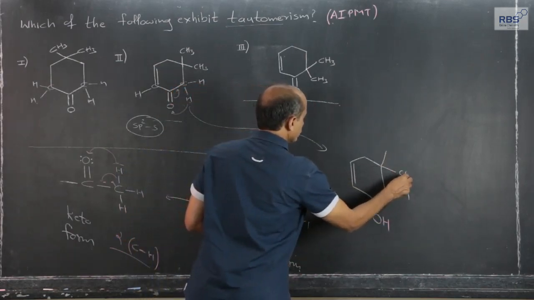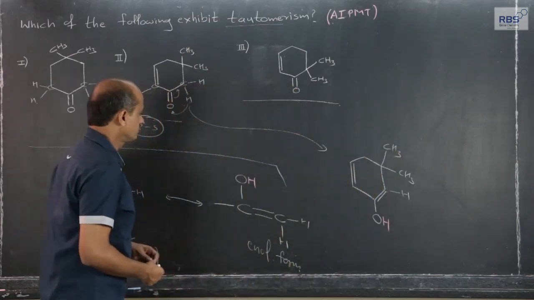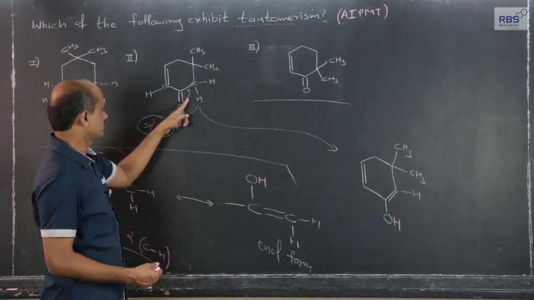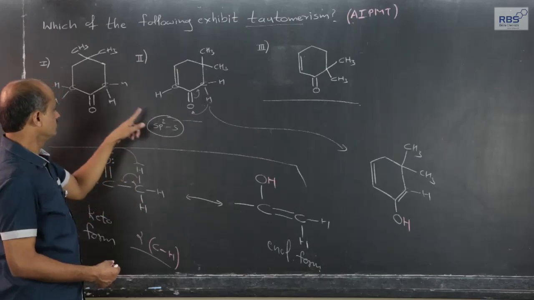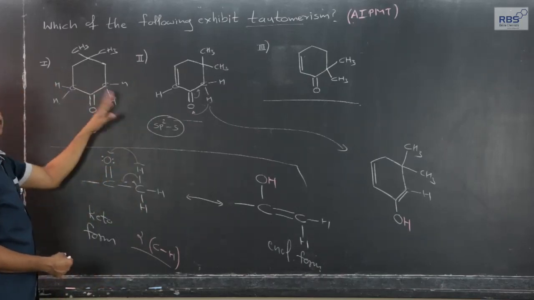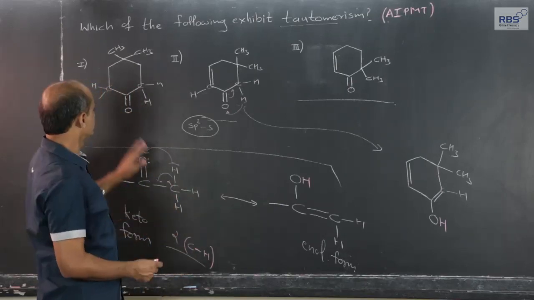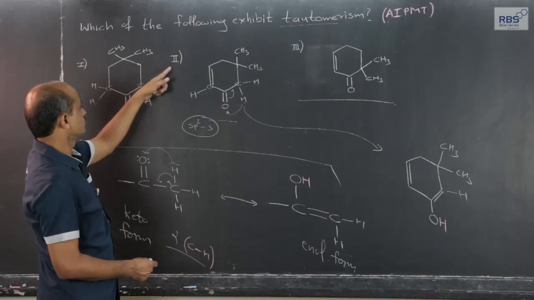The remaining groups will remain intact, no change. So, that one is the enol form for this. Such type of enol form is possible here on both sides. So, keto-enol tautomerism is possible for this, it is possible for this example, Roman 1, Roman 2 both.